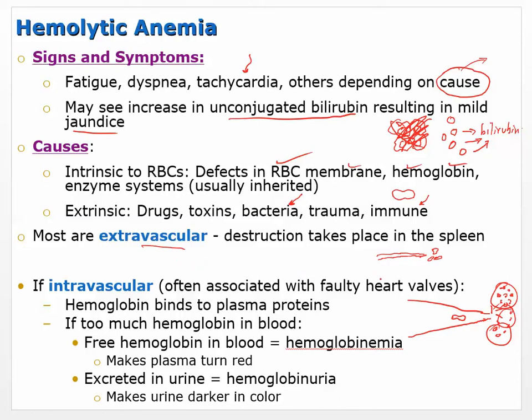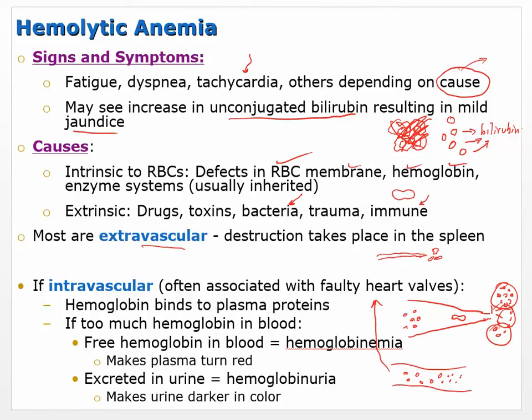If it's intravascular, that means it's actually occurring still within the blood vessel, and often associated with faulty heart valves. And then if that's the case, you've got that leaking that's happened inside the vessel. And if it happens inside the vessel, then you have that buildup of heme, which has just been released into the plasma. It's sort of floating around in the plasma because the blood cell broke in some vessel somewhere. We're blaming the heart for the most part.